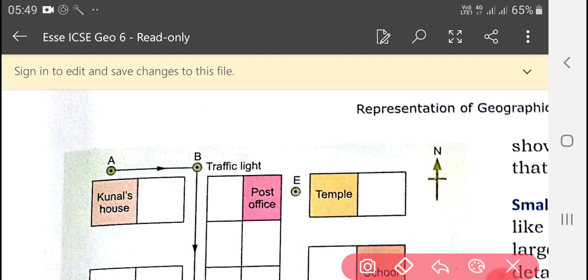Here we have to find the distance between Kunal's house and the traffic light. The traffic light is here, Kunal's house is here. And first what we have to do is take the measurement from A to B. It may be 2 centimeter, suppose.